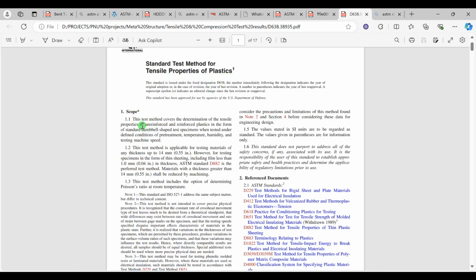And according to the scope of this standard, this test method covers the determination of the tensile properties of unreinforced and reinforced plastic in the form of standard dumbbell shape test specimen when tested under defined conditions of pre-treatment, temperature and humidity, and test machine speed.